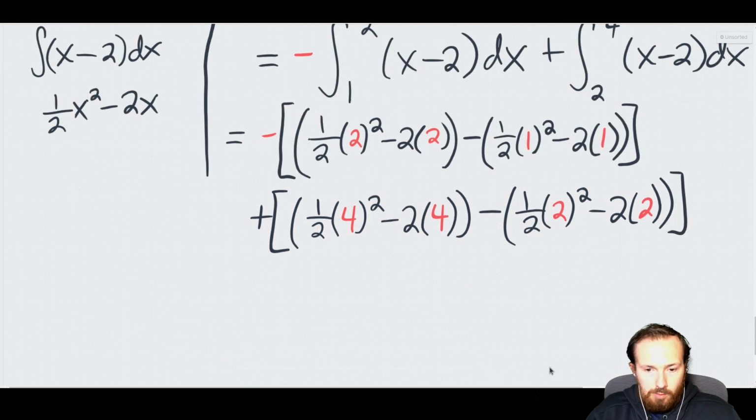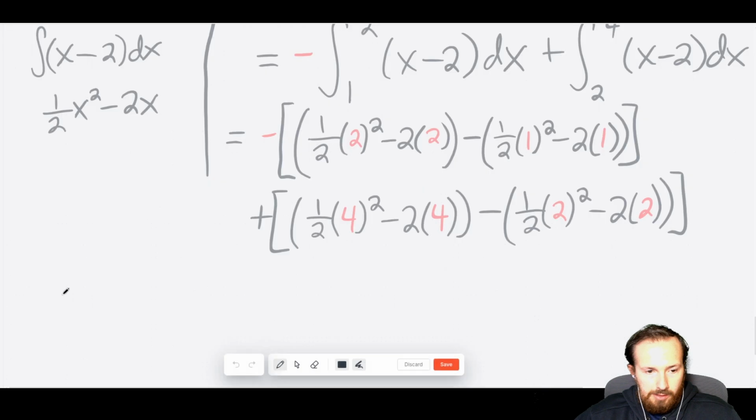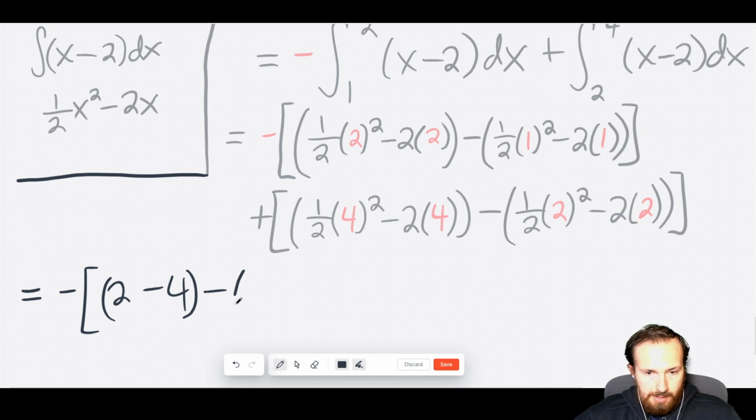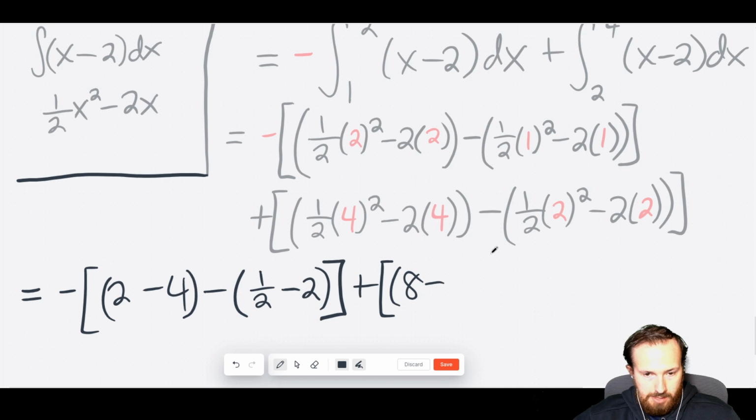Now, what would this be? If you think about this, it would equal negative, basically 1/2 times 4 would be 2, minus 4, minus 1/2 minus 2. So that's that one. Plus, this will be 4 squared, 16, divided by 2 is 8. So that'll be 8 minus 2 times 4, which is 8.